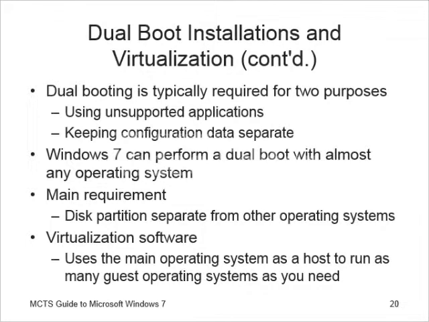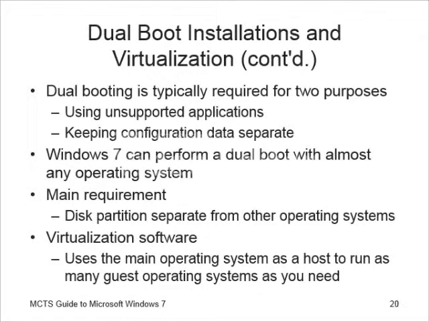Usually, there are two purposes to create a dual booting installation. The first one is using unsupported applications. This means that some older applications are not compatible with the newest version of Windows. Usually, the security in the newest versions of Windows stops them from running properly and crashes the computer or operating system.